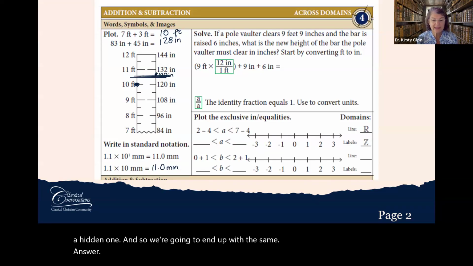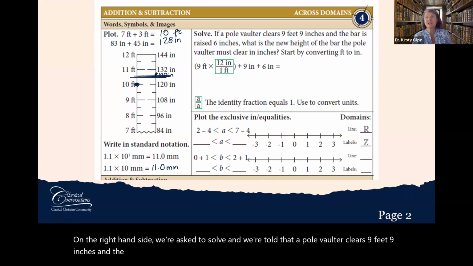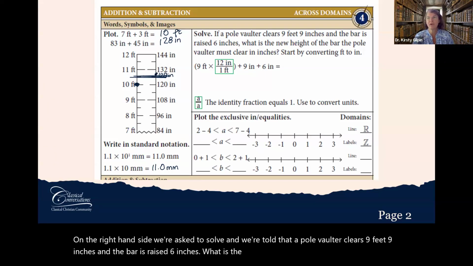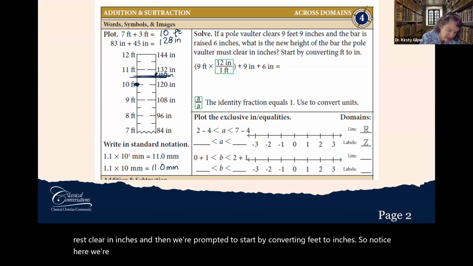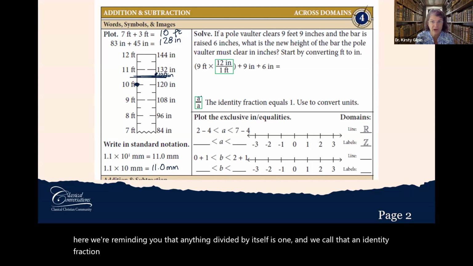On the right-hand side, we're asked to solve, and we're told that a pole vaulter clears 9 feet 9 inches, and the bar is raised 6 inches. What is the new height of the bar the pole vaulter must clear in inches? And then we're prompted to start by converting feet to inches. So notice here, we're reminding you that anything divided by itself is 1, and we call that an identity fraction, and we use a green box.